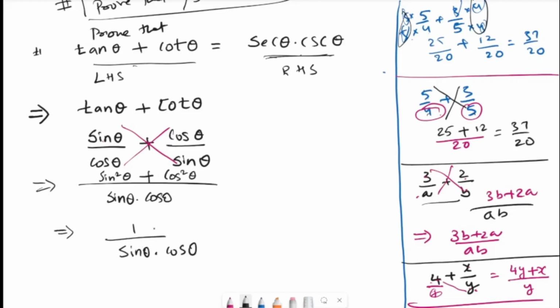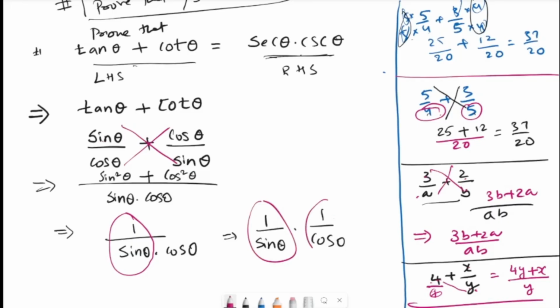Now recall the reciprocal of sine theta. We can rewrite this as 1 over sine theta times 1 over cos theta. 1 over sine theta, the reciprocal of sine theta, is cosecant theta, times 1 over cos theta, which is secant theta.